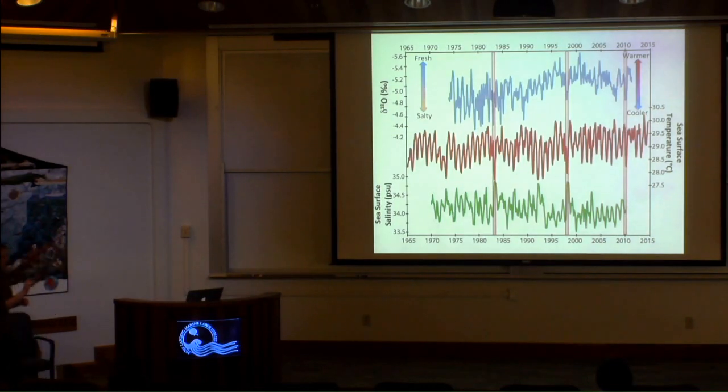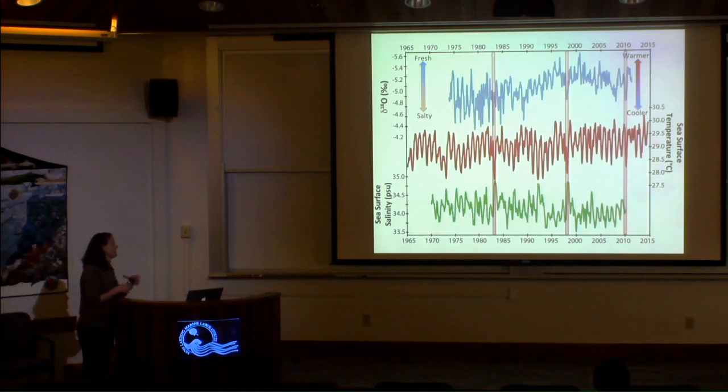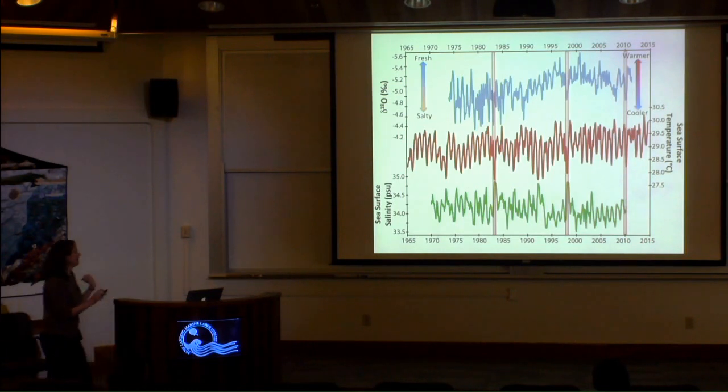And we also have this plotted to sea surface temperatures from a 1 degree by 1 degree grid from this region, and sea surface salinity from the same area. In some of the El Nino years, you're seeing these really nice coherent patterns.